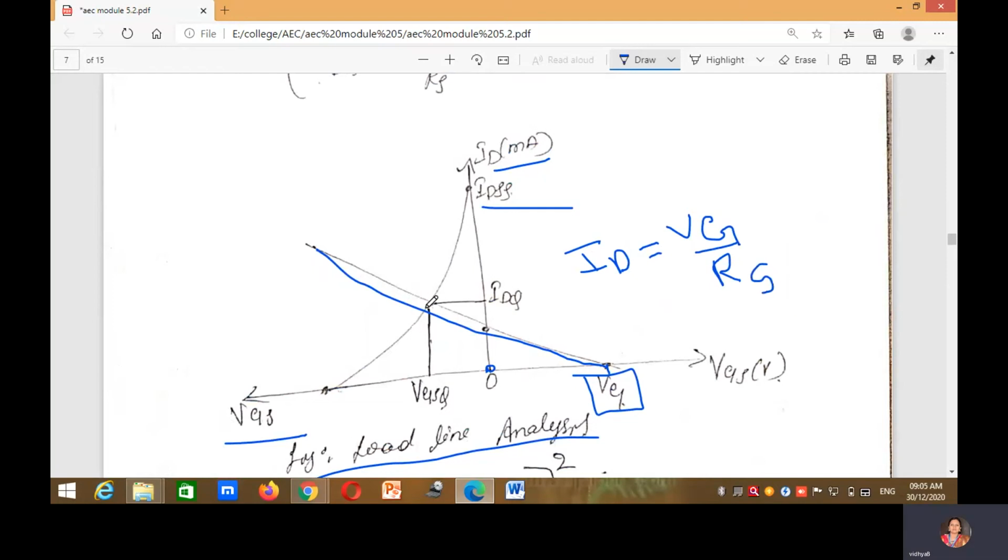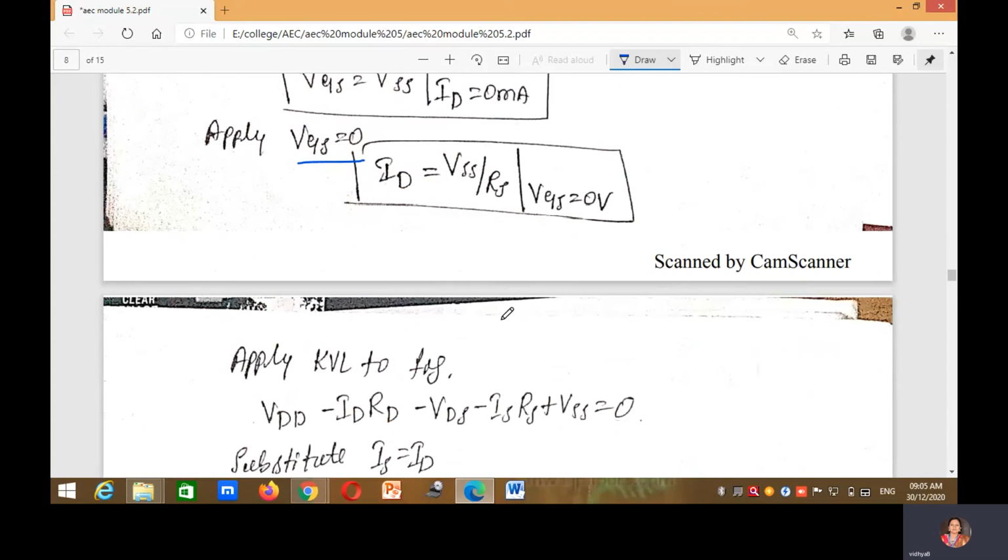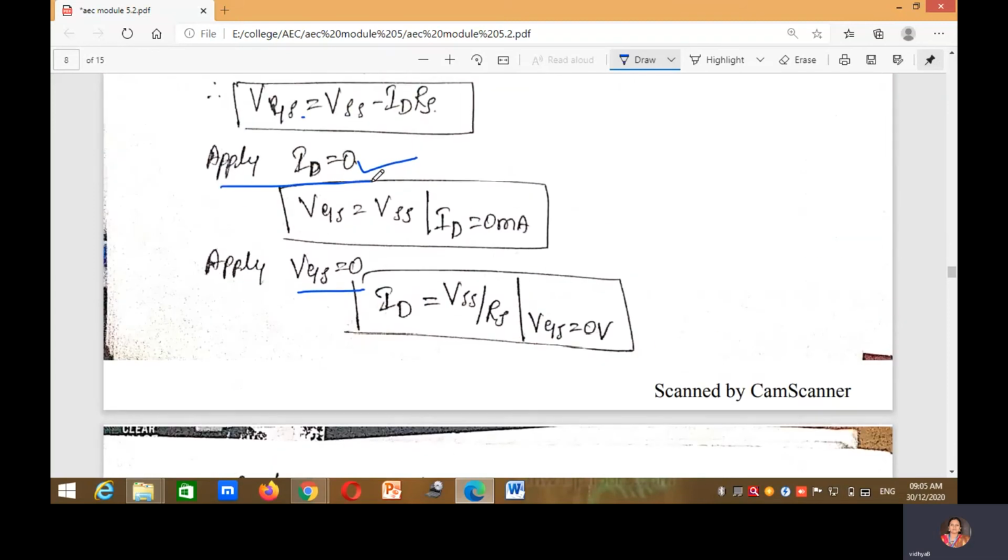That is this graph. This is the ideal slope equation. Next, here also you need to apply the same thing. When ID is equal to 0, what you'll get, and when you apply VGS is equal to 0, what you'll get.